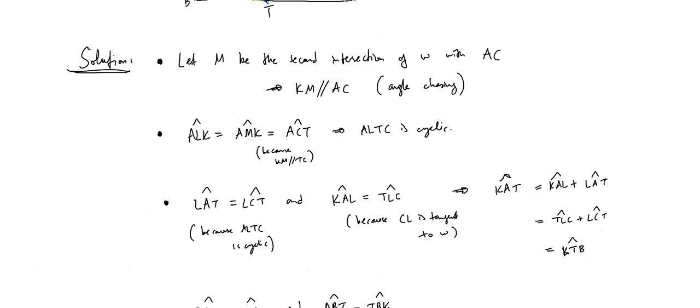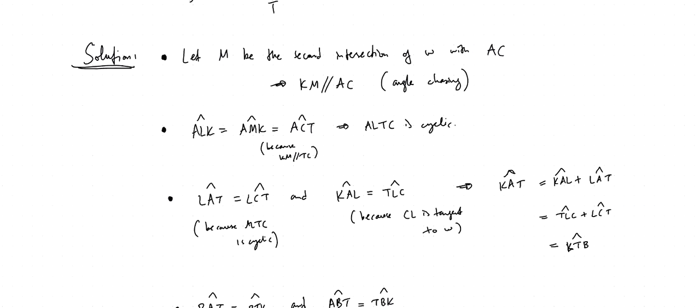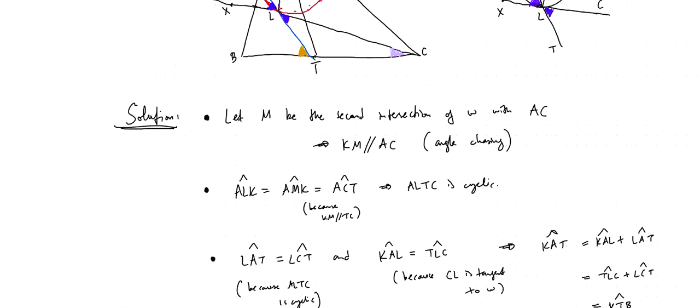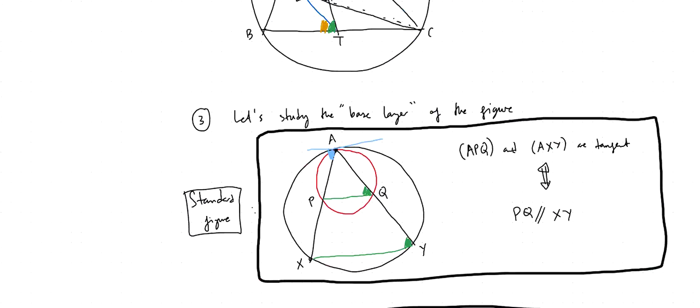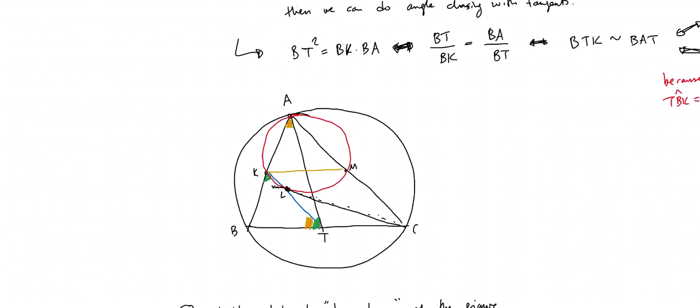Actually, I think that we can do it alternatively because we have angle BTK equal to angle MKT, since KM is parallel to BC, and TKM equal to LKM, which is equal to LAM.